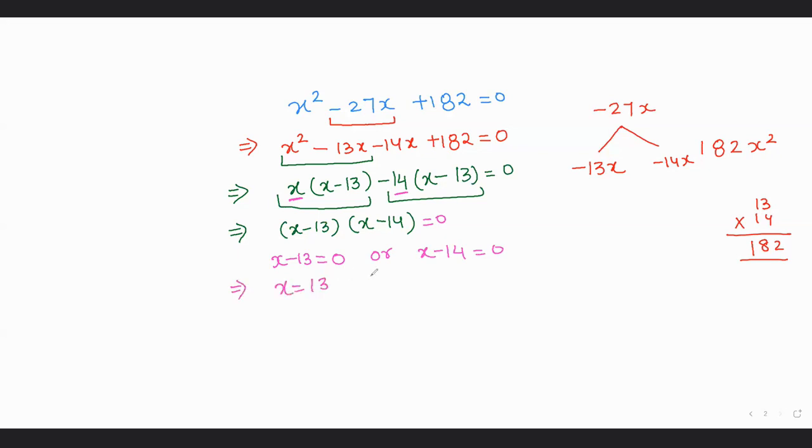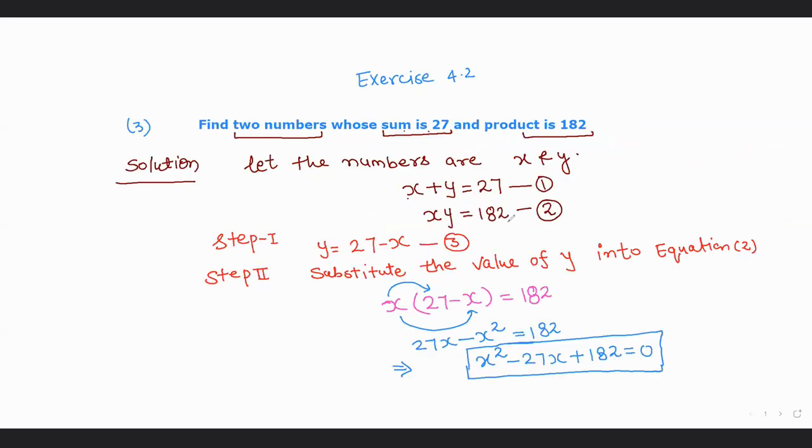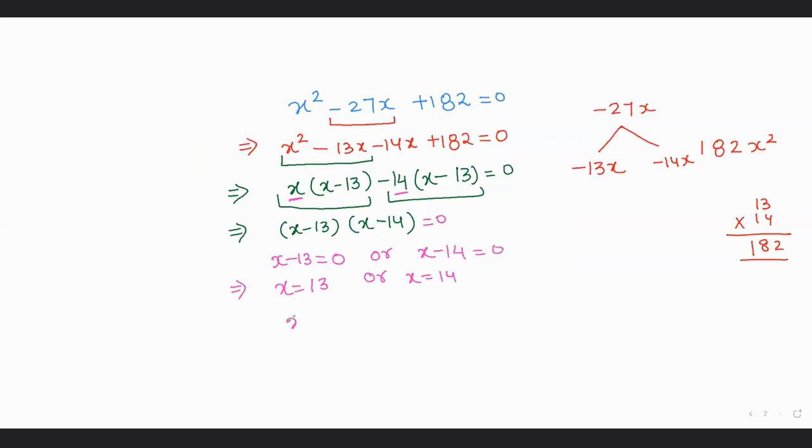Now students, we have two numbers. One is x equal to 13 and another one is x equal to 14. Now with the help of equation number 1, that is x plus y equal to 27, we can find the value of y.